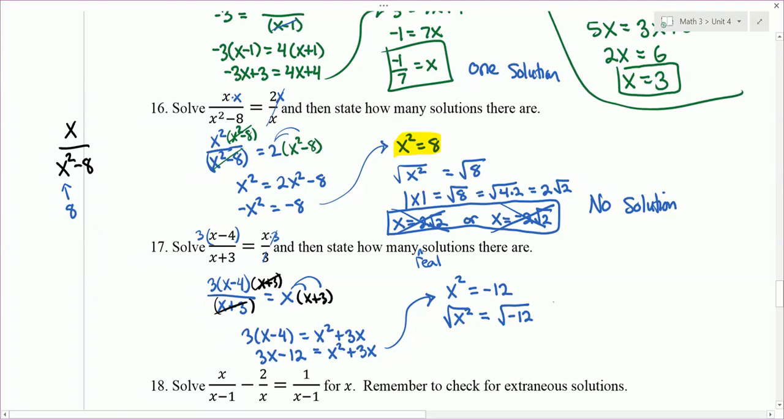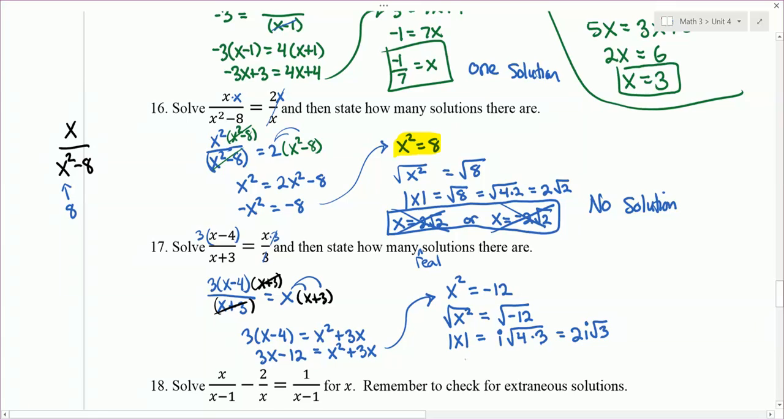We can keep on solving this. We'll get our imaginary solutions. We get the absolute value of x is equal to the square root of negative 12. The negative comes out, we get i. 12 is 4 times 3, and we can take the square root of 4, so this is 2i square root of 3.